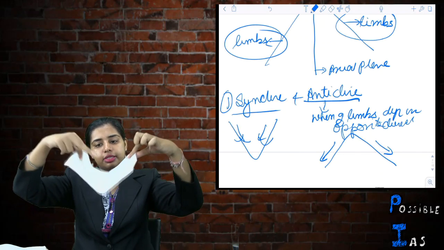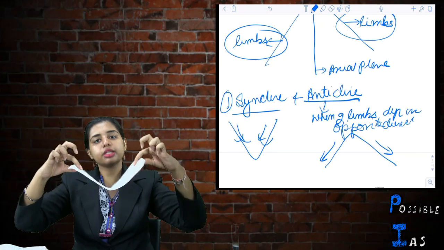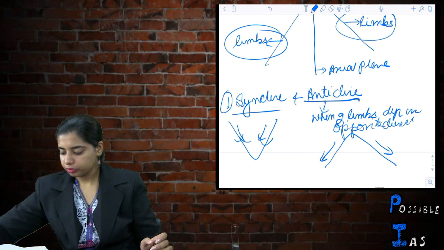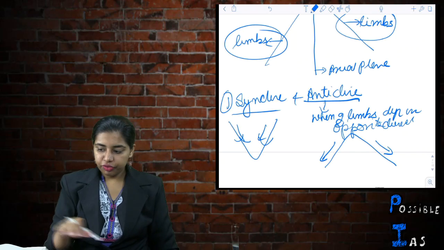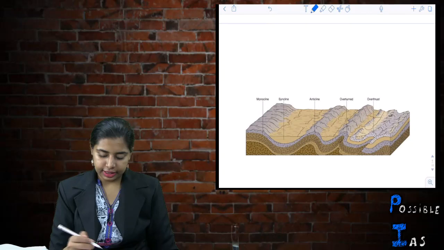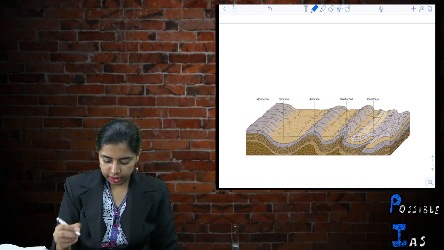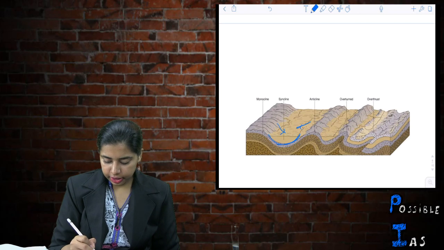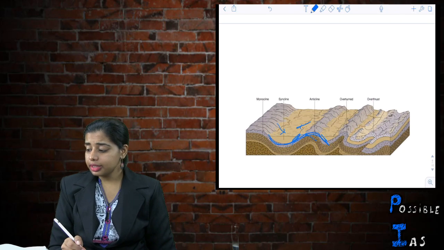Okay. So the first thing that is formed is an anticline and a syncline. You see here, this limb is dipping here, this is dipping here, so this is a synclinal fold. Here you see this fold, this is dipping this side, this is dipping this side, so this is an anticlinal fold.